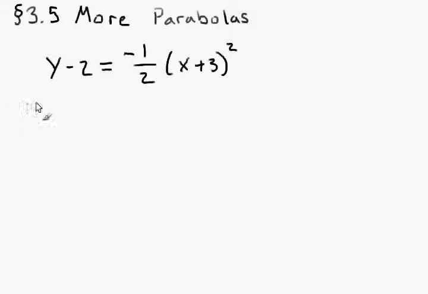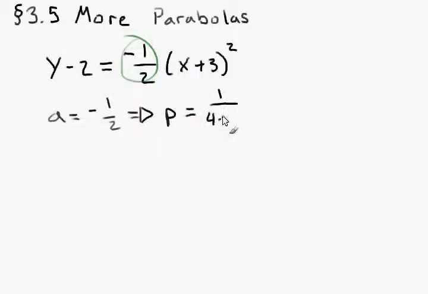Let's see here. A is negative 1/2. So that means that p is equal to 1 divided by 4 times a negative 1/2, which is negative 2 over 4. Hey, negative 1/2. A and p are the same thing. Cool.